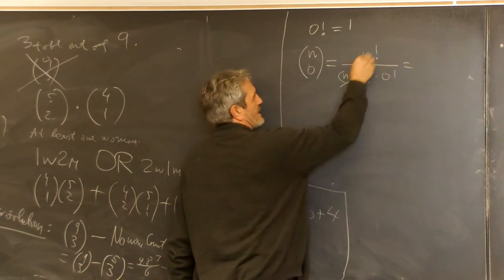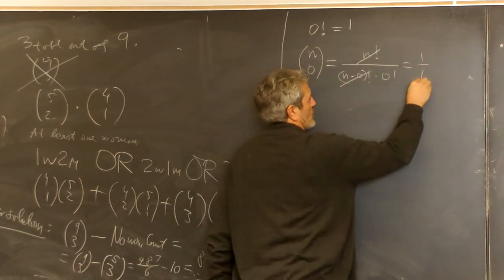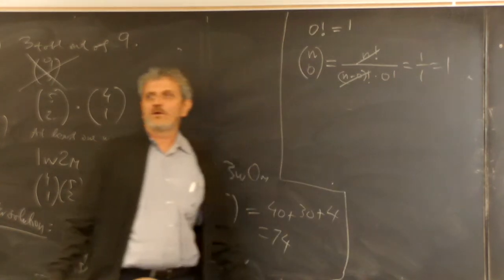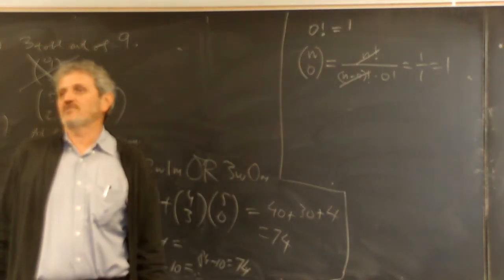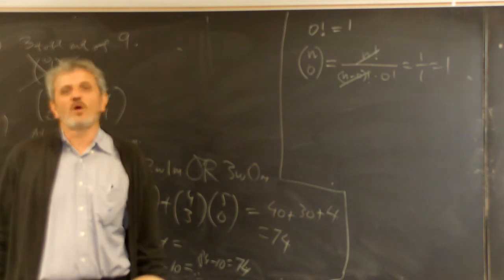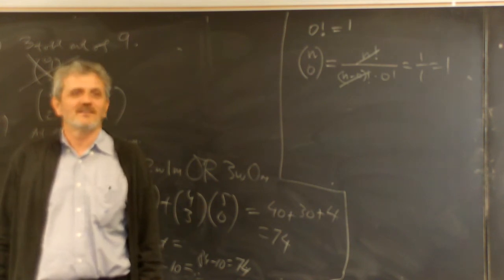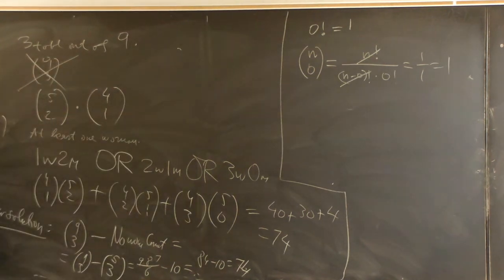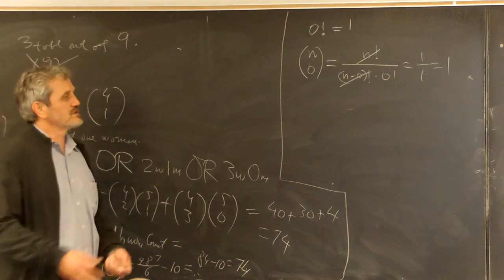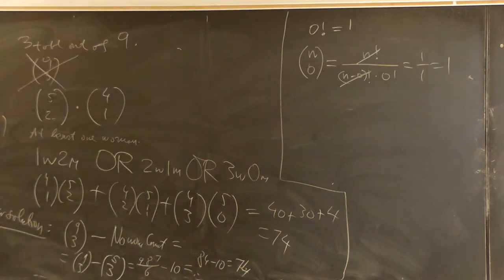N factorial and n factorial cancel, 1 over 1, which is 1. What is the modeling reason? If I have 10 persons and I want to choose nobody, in how many ways can I do it? In one way, just choose nobody. So modeling also supports that calculation, even if it sounds wrong.